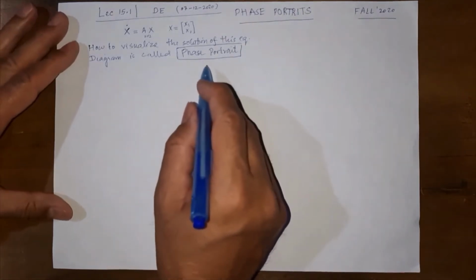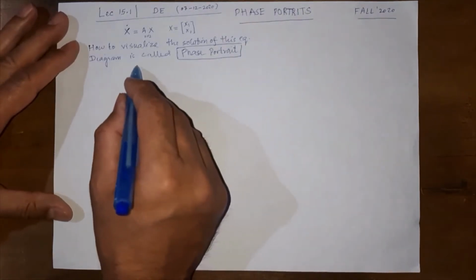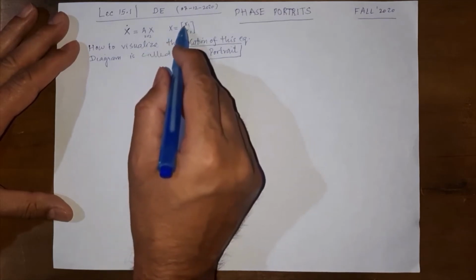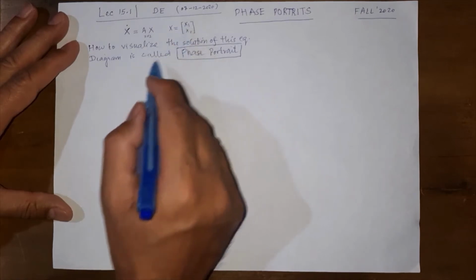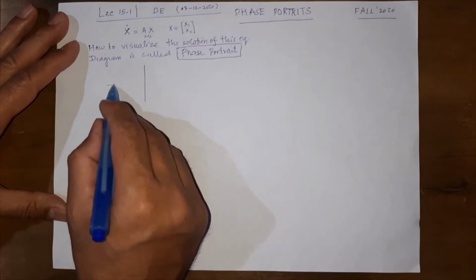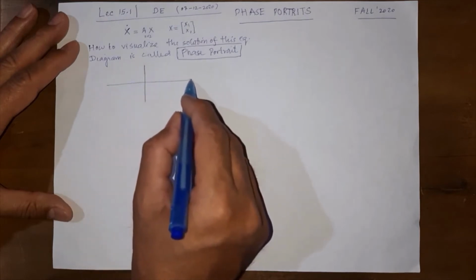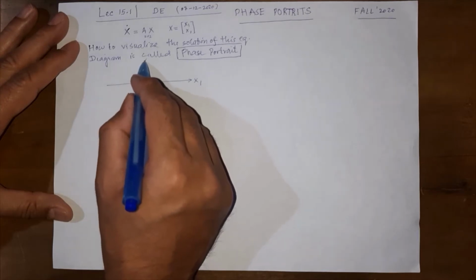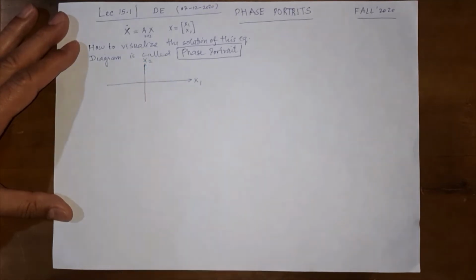By a phase portrait, what is meant is that for two parameters or two functions of time, we want to see how they behave in relation to one another. That is, we are going to plot x2 against x1.